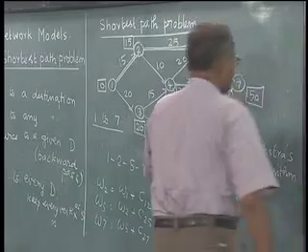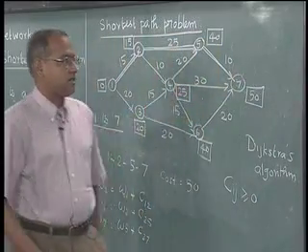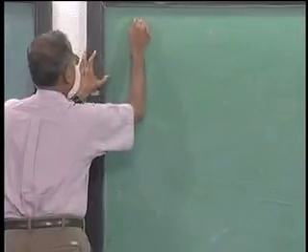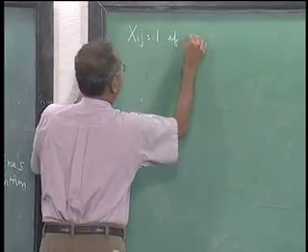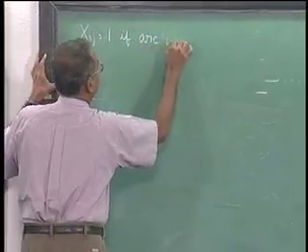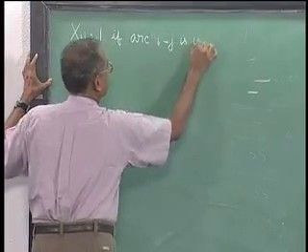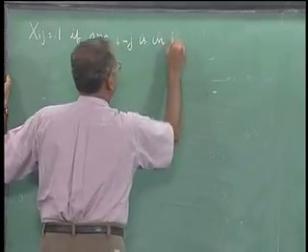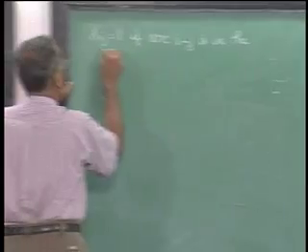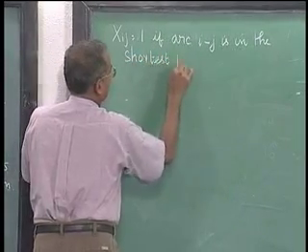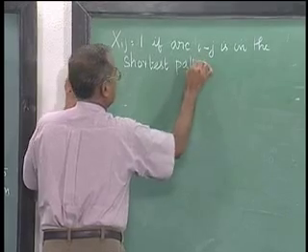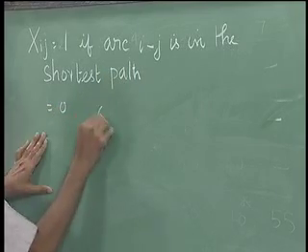So, let us write the linear programming formulation for this. So, the formulation will be like this. Now, xij equal to 1 if arc ij is in the shortest path, and is equal to 0 otherwise.